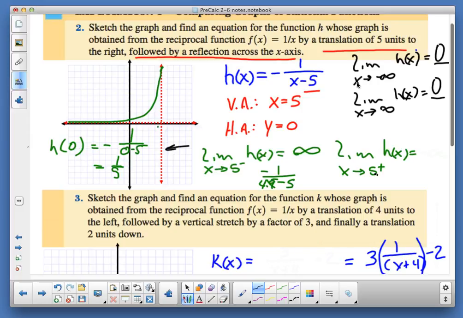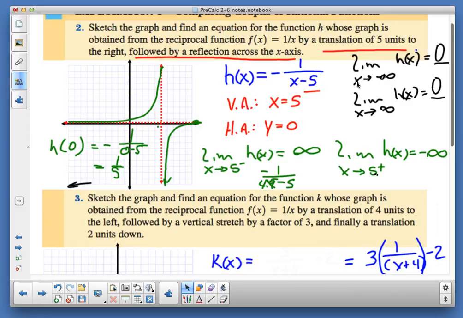I subtract 5 from it, I divide that into 1, it goes in there a huge number of times, but it's negative. My graph on this side should take on this characteristic, because as I'm coming on that side, I get negative infinity.